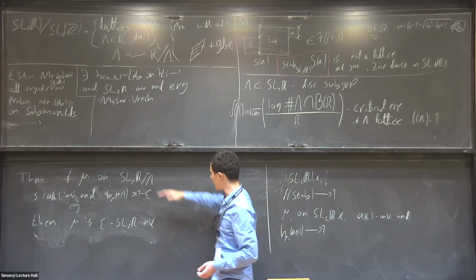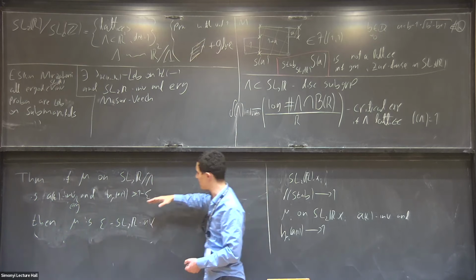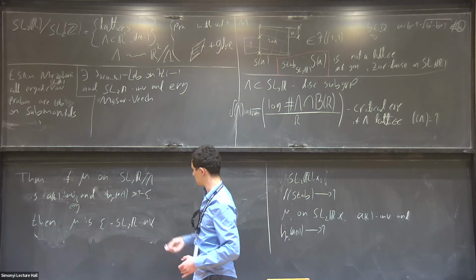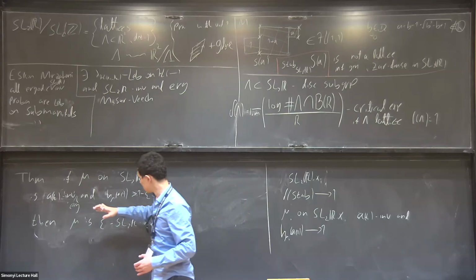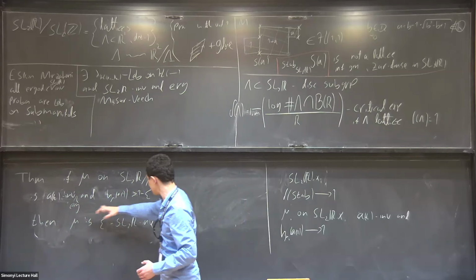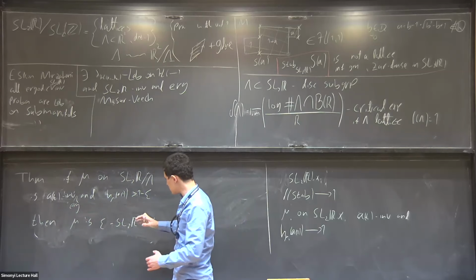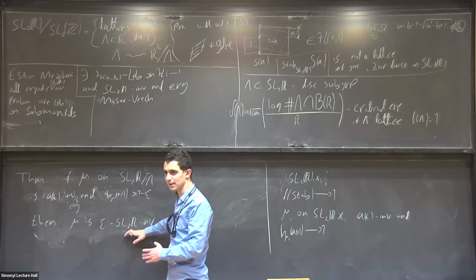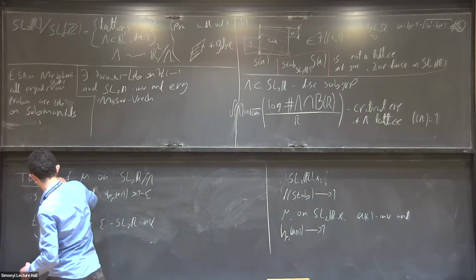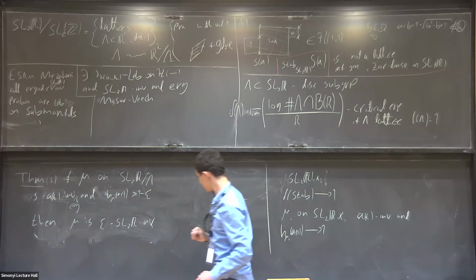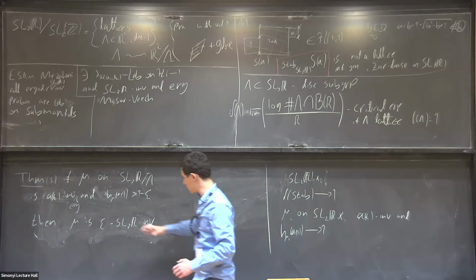So for any discrete subgroup lambda and any AT invariant measure on this quotient that has a large entropy, it is almost SL2R invariant. That's my theorem.